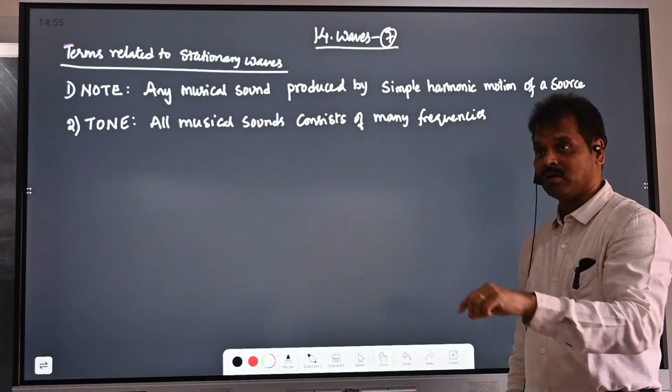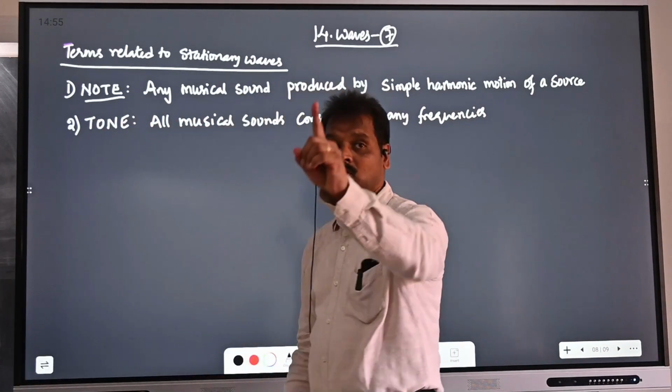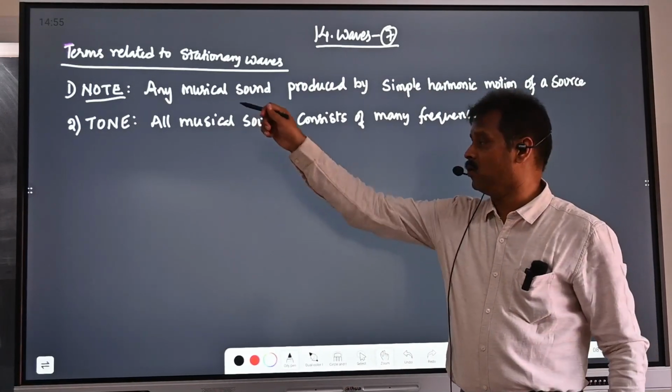Students, in a song we will have a note, that is a musical sound produced from one instrument, a drum. The sound coming from the drum is called a note.